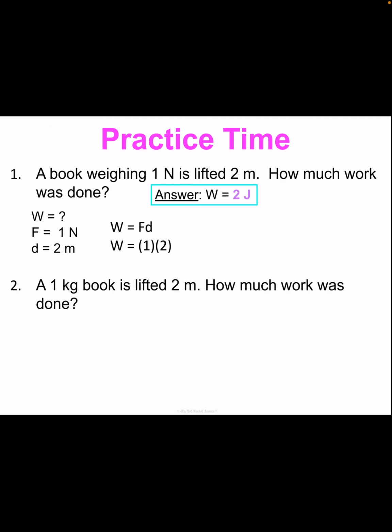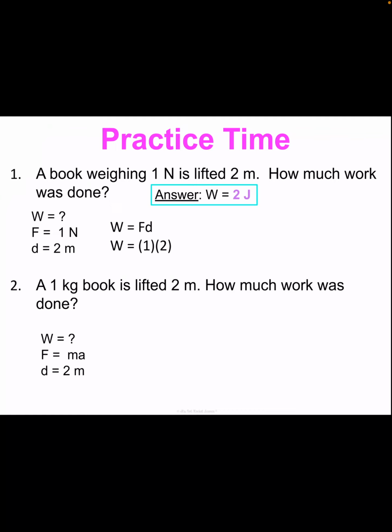So I'm going to have to convert that mass into a force, aka weight, in order to do the calculation. So my work is still my unknown. My force is technically unknown too, but I'm going to use m times a in order to get it.